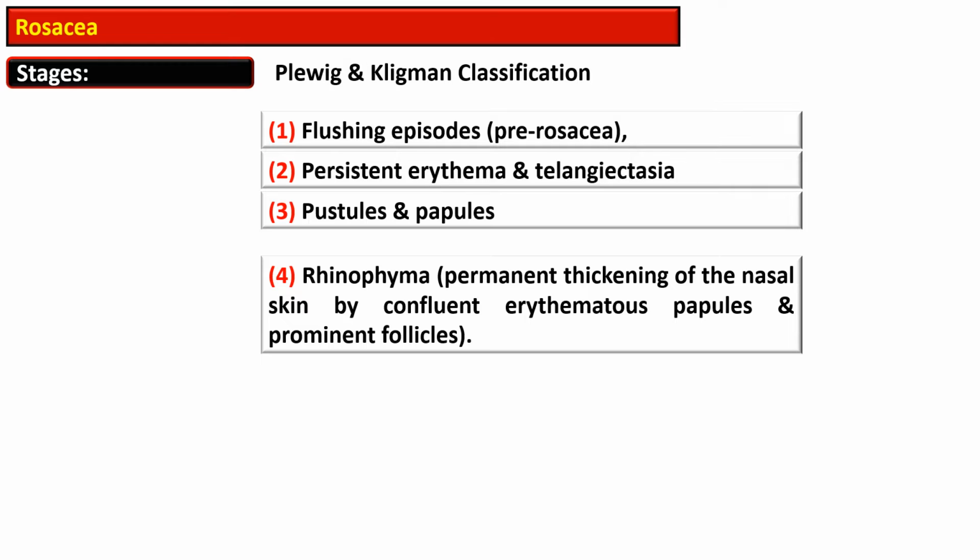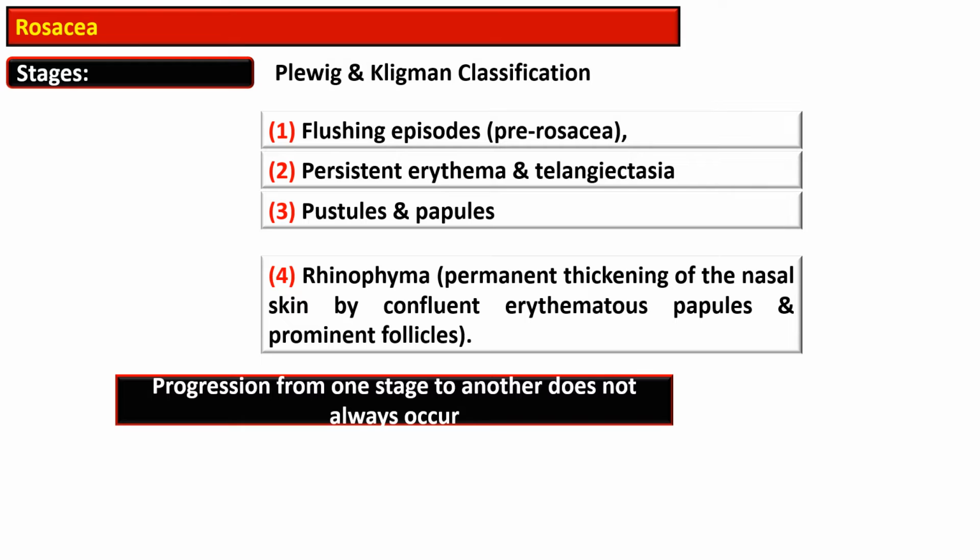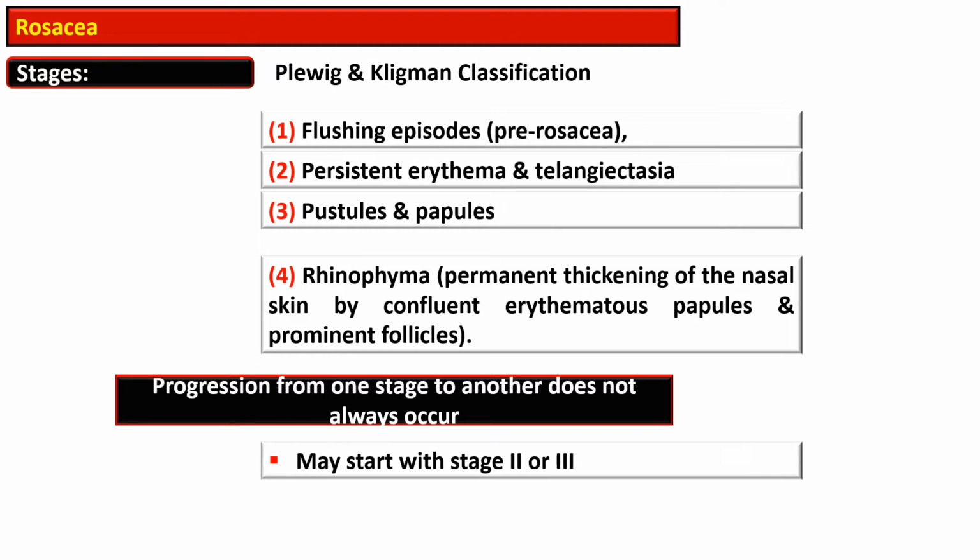Rhinophyma is advanced lesion, and it is involvement of the nasal skin that is permanently thickened by confluent erythematous papule and prominent follicles. There are other sites of the face that are also affected, and we are going to see these lesions later. The stages progression from one stage to another doesn't always occur, and the disease may start with the stage 3 or stage 2, and stages may overlap.